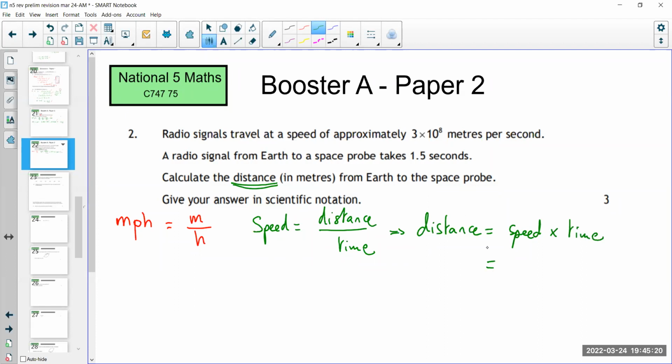What is the speed? 3 times 10 to the power 8 times 1.5 seconds. And remember, we need to write our answer in scientific notation. And if you do that, I think your calculator might give it to you straight away. Times 1.5, I'm getting, oh no, the calculator gives me 4, 5, and 7 zeros.